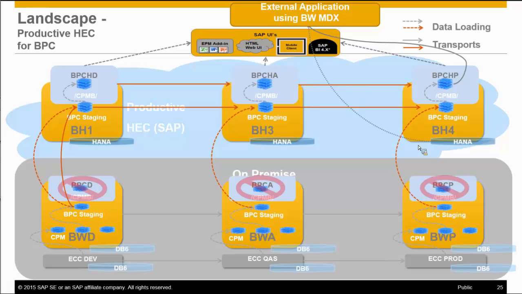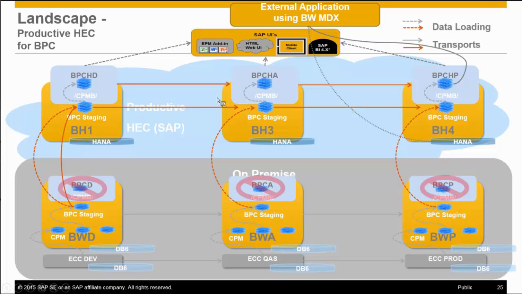Once you activate HANA MDX for a BPC model, we will see that later, some views are being created on the HANA side. And the external application is now developing an interface so that they can read from those views as well, so that they will benefit from the optimized performance as well.